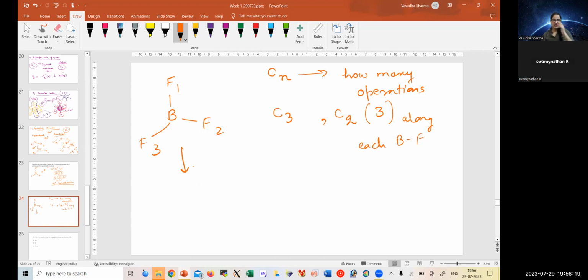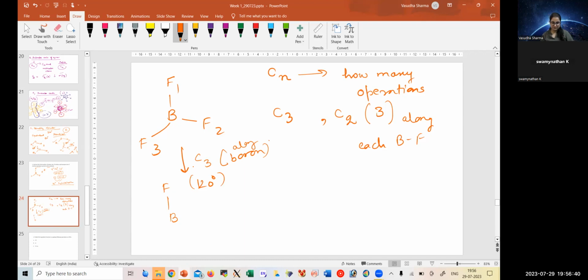So now see. I have applied C3 once, and I need to define that C3 goes through my boron atom. After giving the C3, that is a 120-degree rotation, what will come at the place of F1?